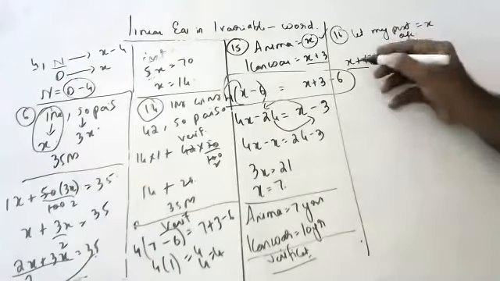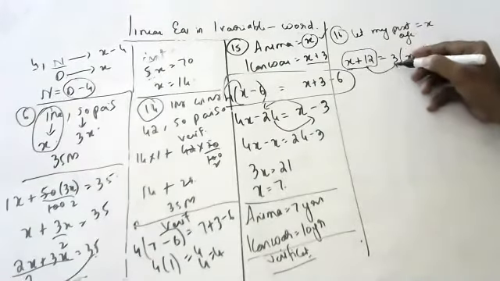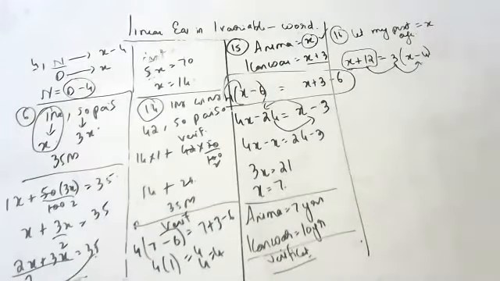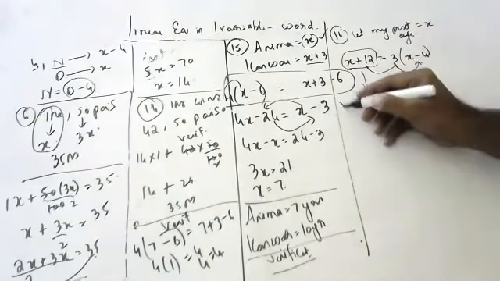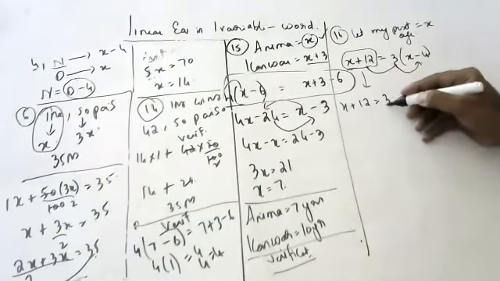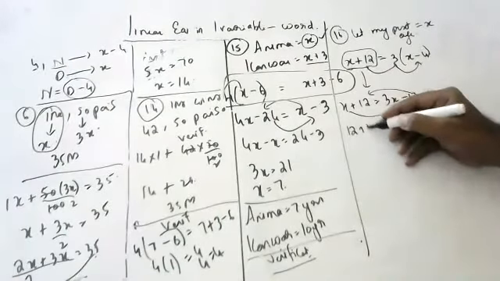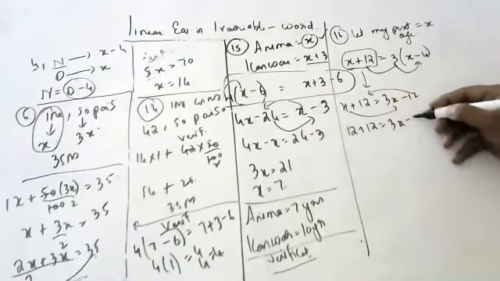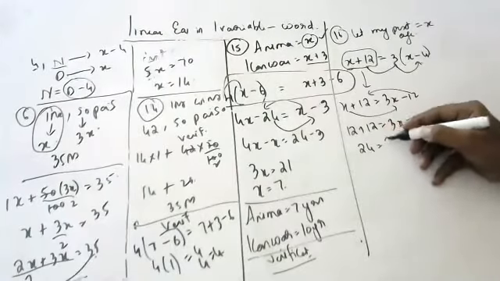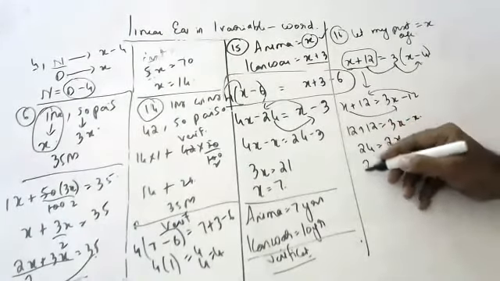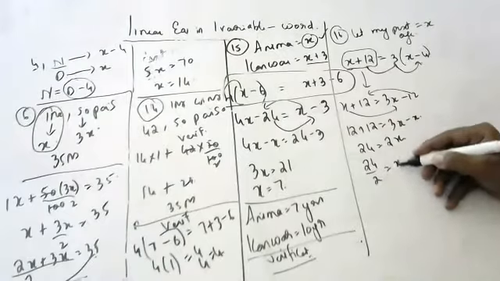So x plus 12 is equal to 3x minus 12. 12 plus 12 is equal to 3x minus x. 24 is equal to 2x. x is equal to 24 by 2. x is equal to 12 years.